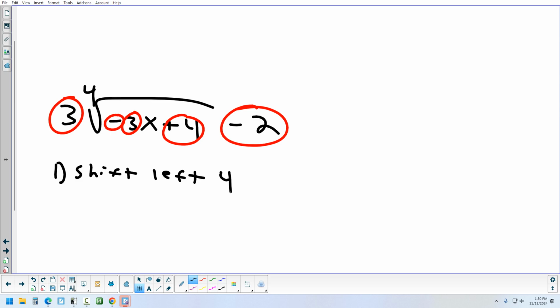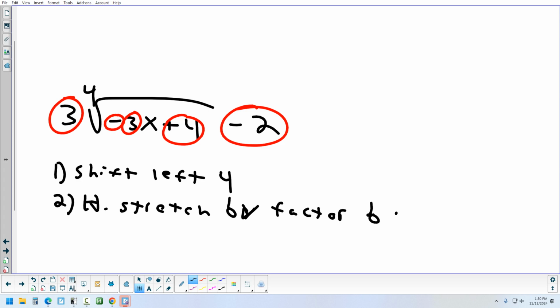Well, we're going to look at the negative separately, because that causes something else. Horizontal stretch. And remember, it's backwards. Would it be like 1/3? Yep. Horizontal stretch by a factor of 1/3. So that takes care of this and that.